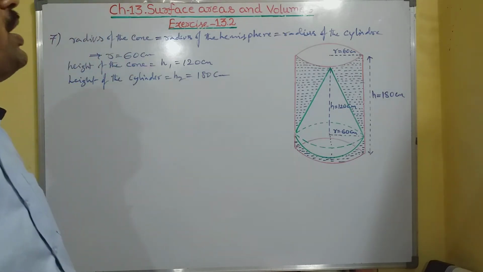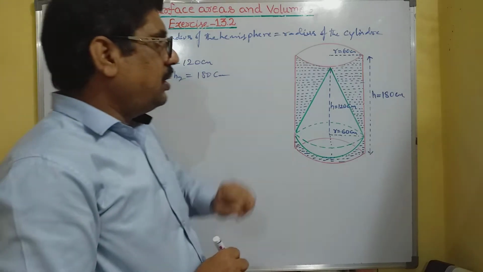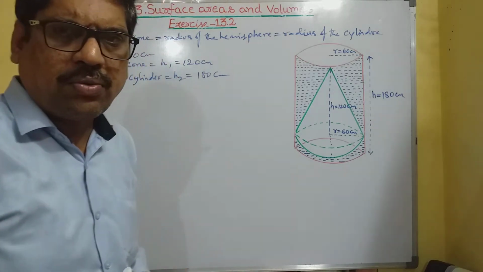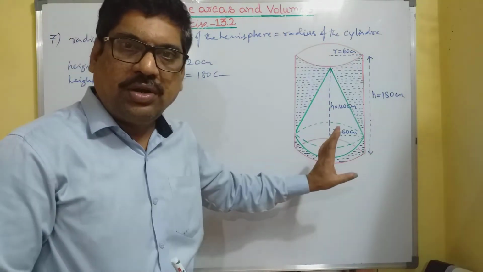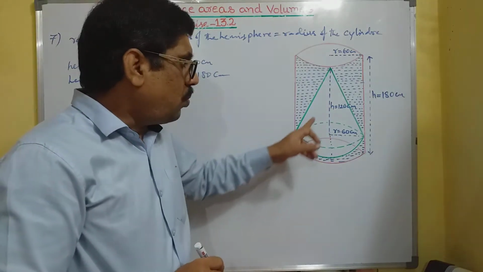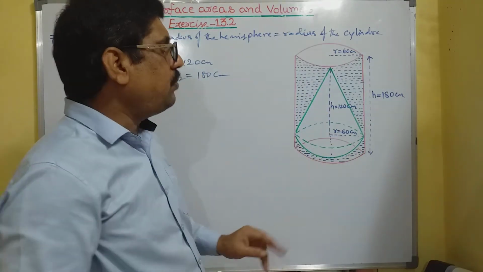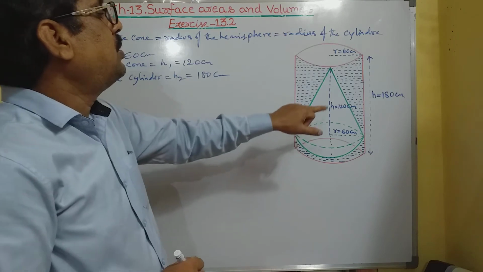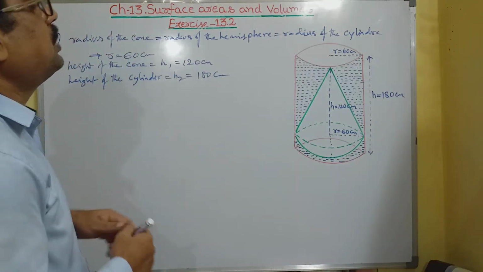What we need to find is the water left over in the cylinder. So here we need to find the volume of the cylinder and the volume of the solid which is kept in the water. Then we have to subtract the volume of the solid from the cylinder. Then we get the water left over in the cylinder.